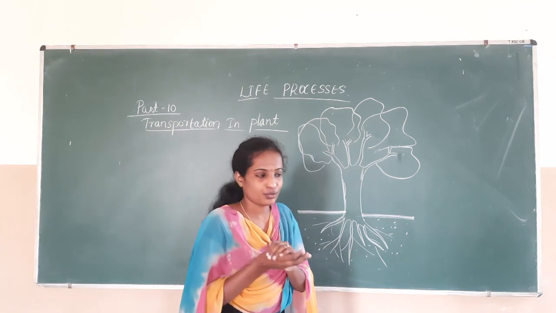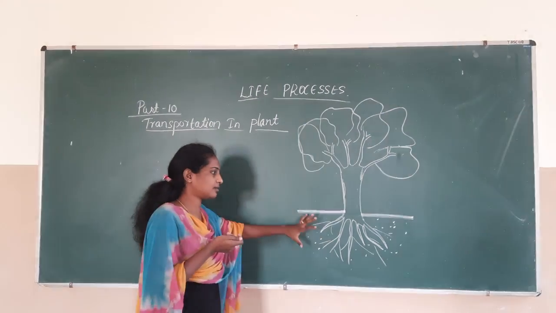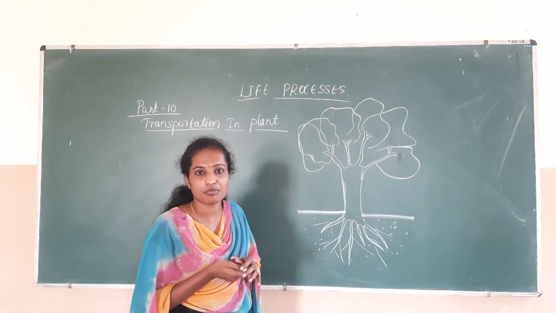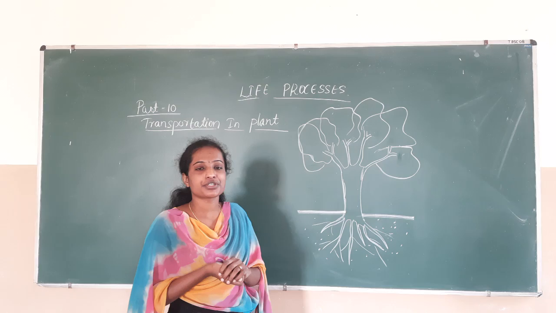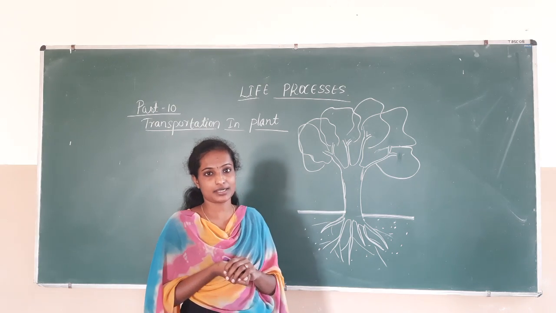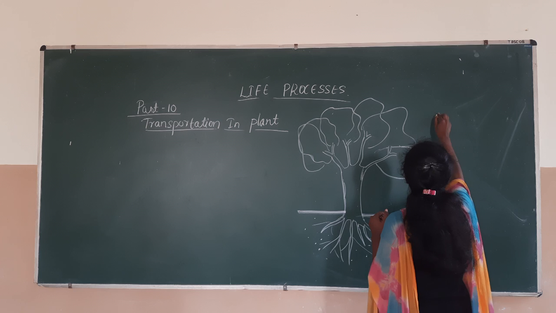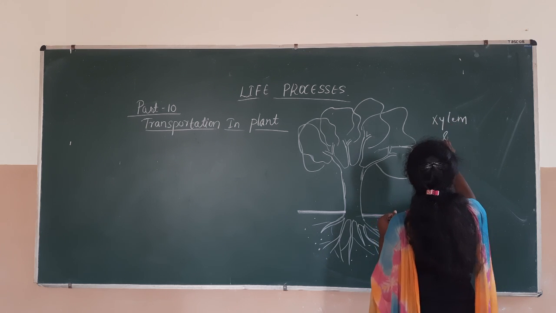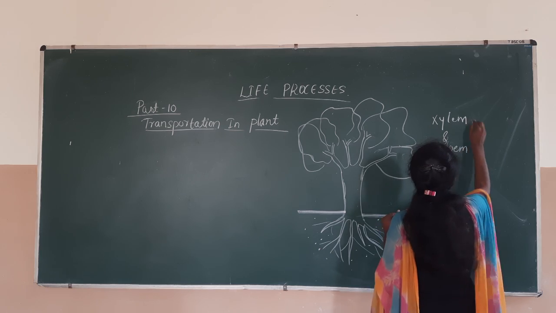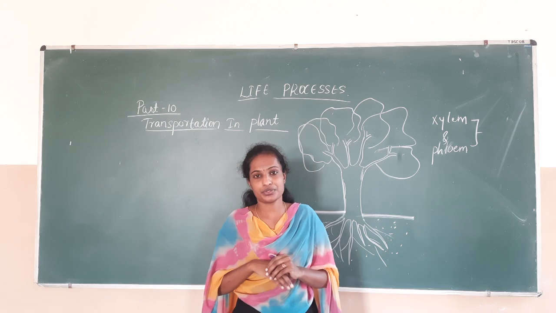Here I mentioned the diagram which indicates the uptake of water, that is, the transportation of water in plants. As you studied in your 9th class, xylem and phloem are the two complex permanent tissues.